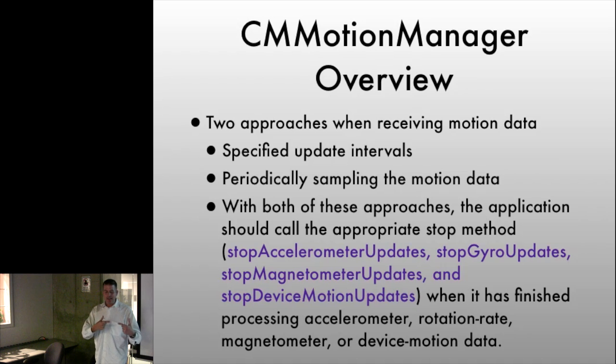Utility applications a lot of times will use the specified interval. Games and other entertainment that don't need such a specific amount of data at a specific time, but need to know the current state of the device at one time, will use a polling method where you have to manually go and ask for the current motion manager data.